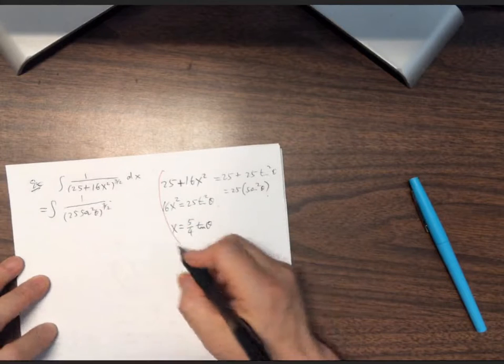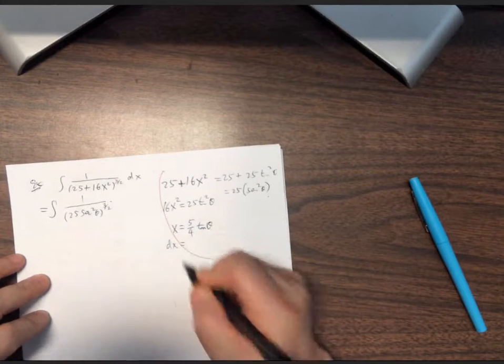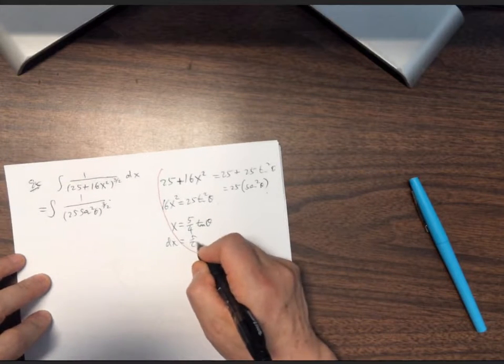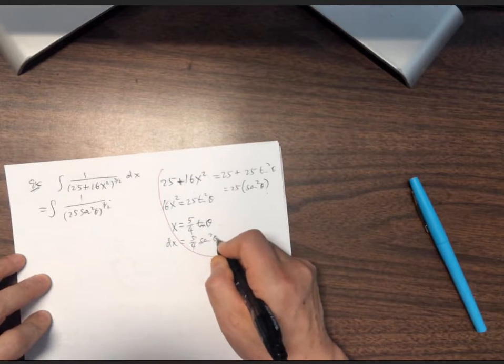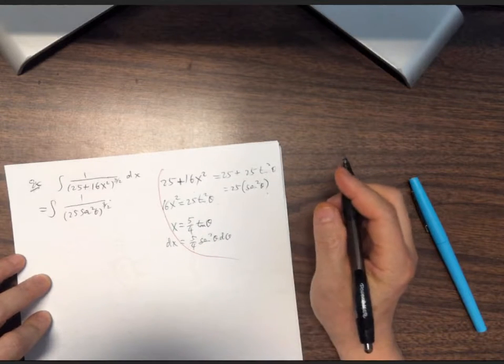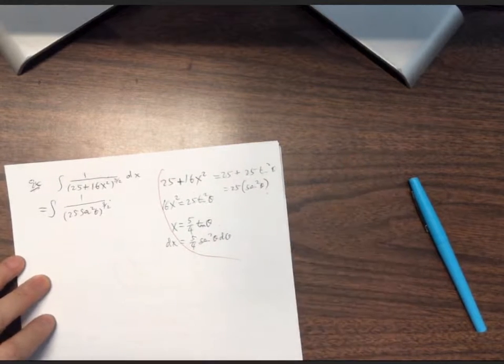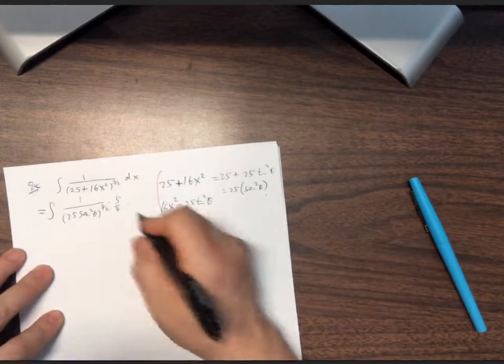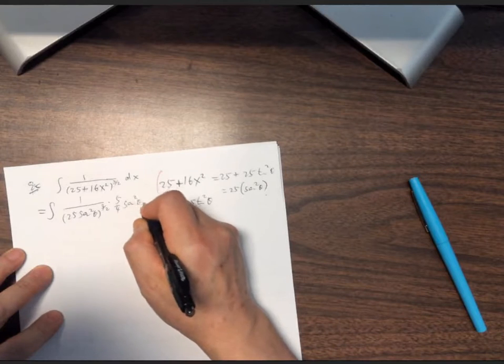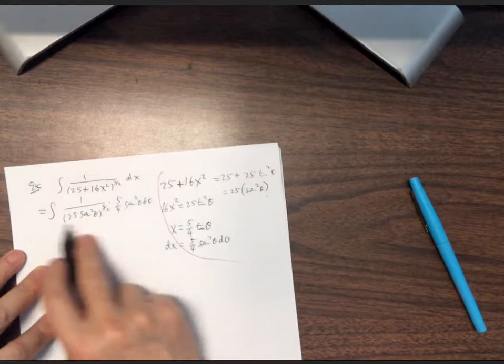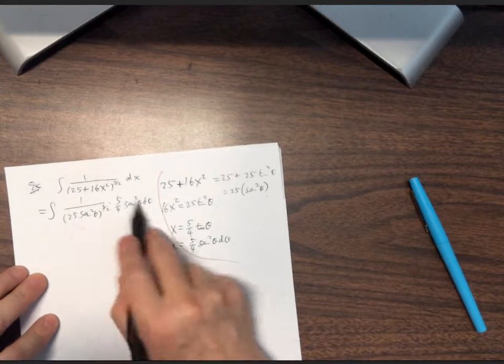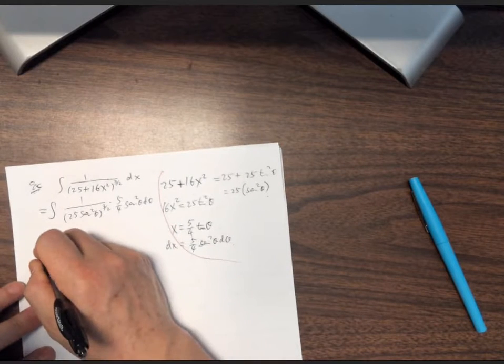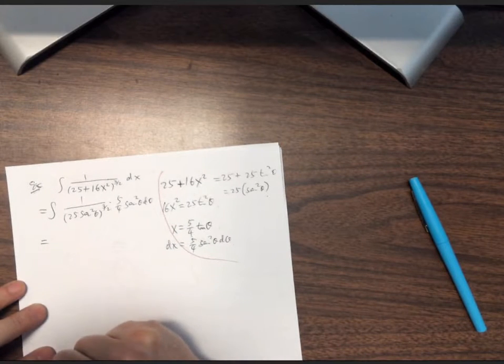And dx, well, just do the differential here. dx equals 5/4 secant squared d theta. Now we already got a trig integral simplified, to see how to evaluate it.